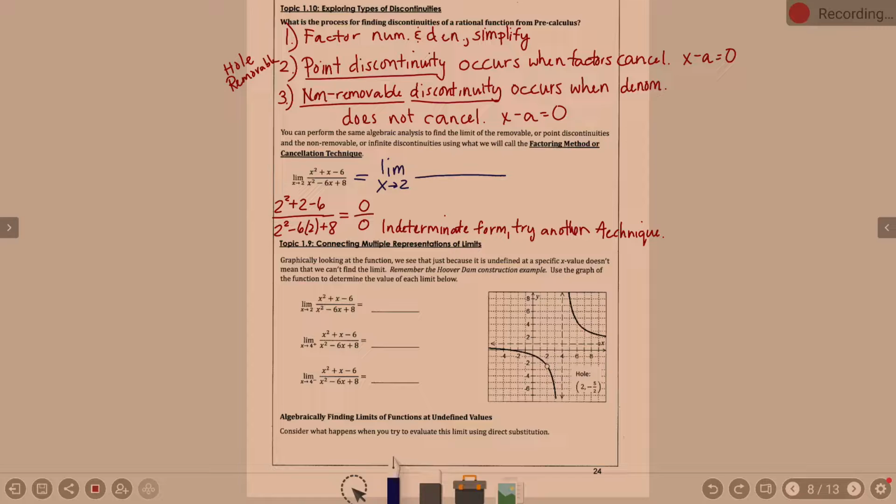So, if we work on factoring, will that change things here? Limit as x approaches 2, x squared plus x minus 6. How does that factor? X plus 3, x minus 2. I'm assuming we all remember factoring at this point. X squared minus 6x plus 8.